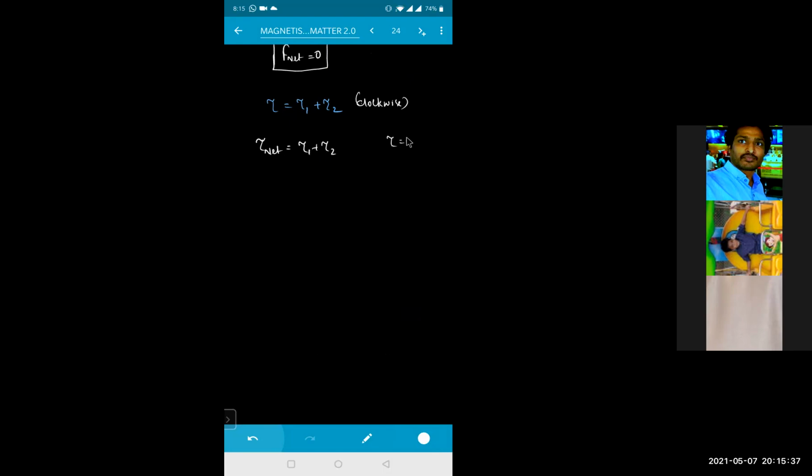Torque is nothing but force into perpendicular distance. That means tau net equals F1 into r perpendicular plus F2 into r perpendicular. Is that clear?